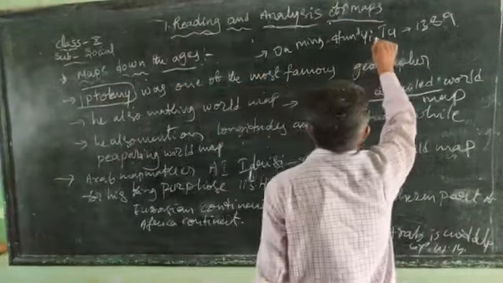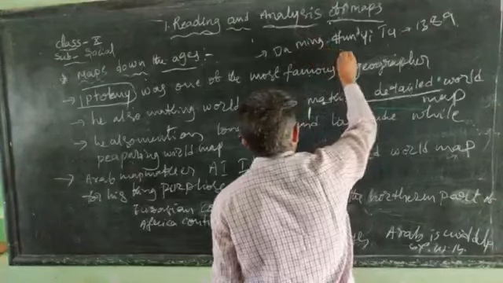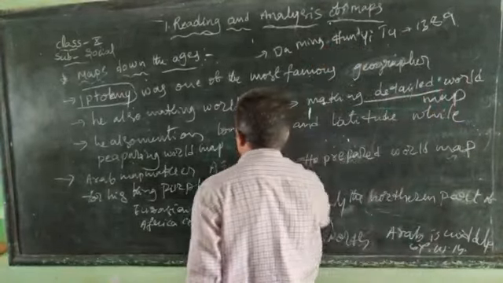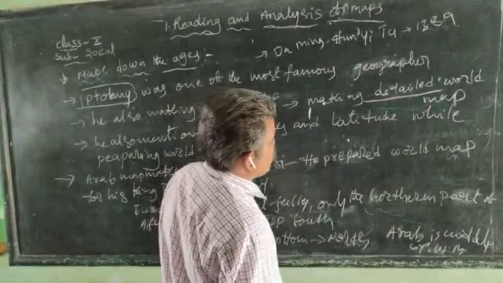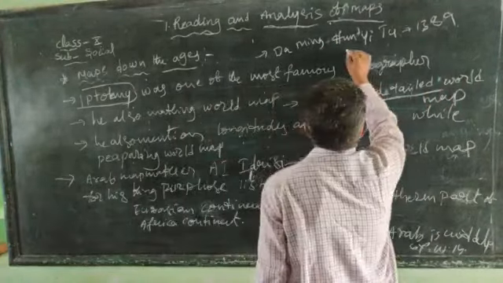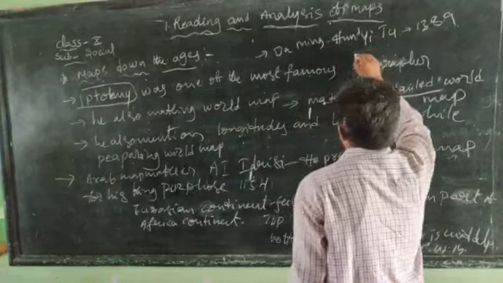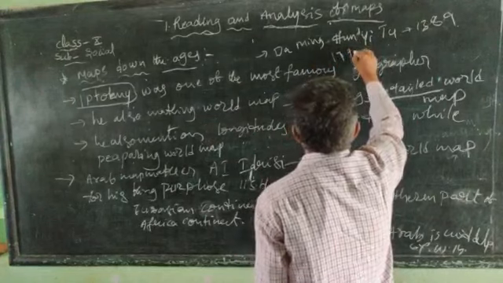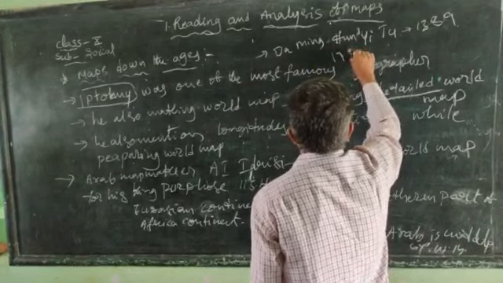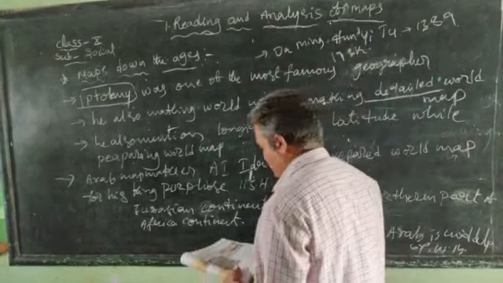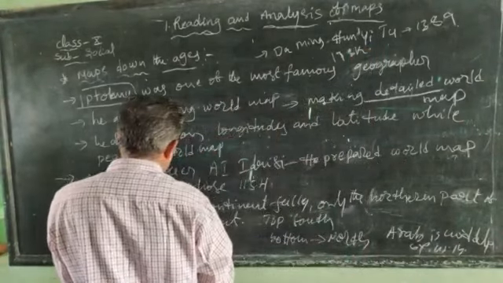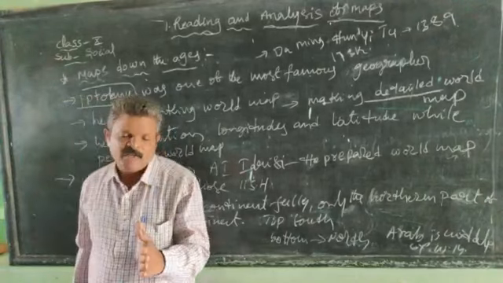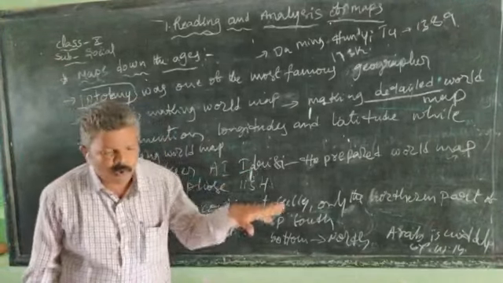So how was it prepared? The Babylonians and Sumerians used clay tablets, and on the clay tablet they prepared a map. The Chinese printed the world map on 17 square meters, not kilometers, of silk cloth.